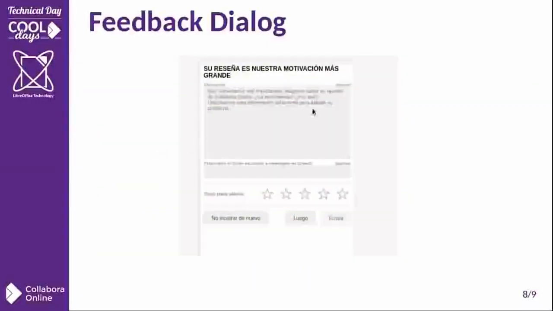And the result will be something like that, and you can probably add other data or customization according to your needs. And basically this is simple, and you can handle this kind of feedback dialog.